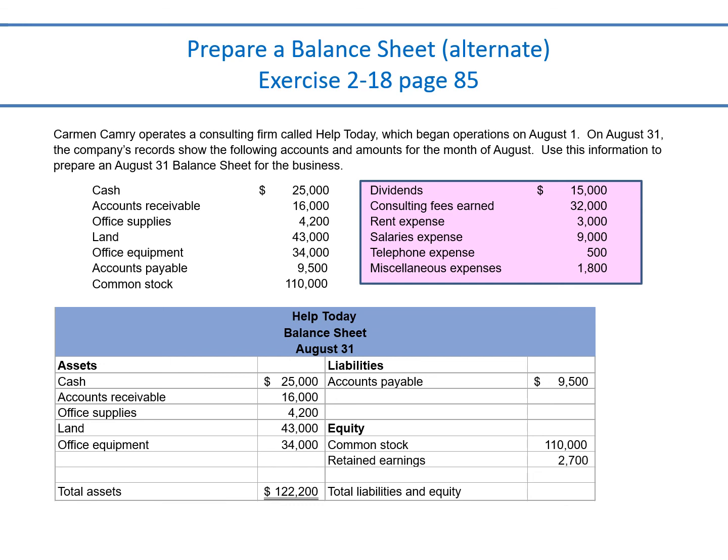You already computed that, so you just pull that balance from your retained earnings statement, for total liabilities and equity of $122,200. Okay, so hopefully you did well on that.